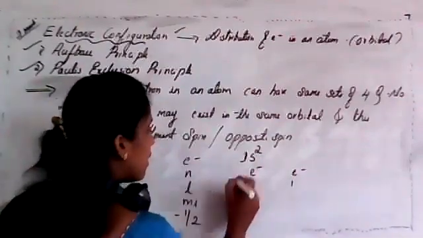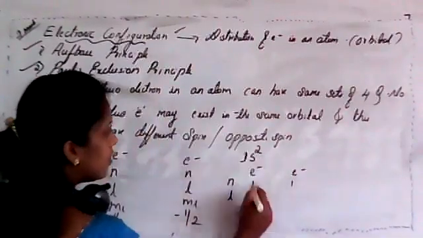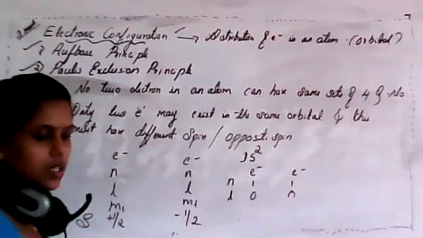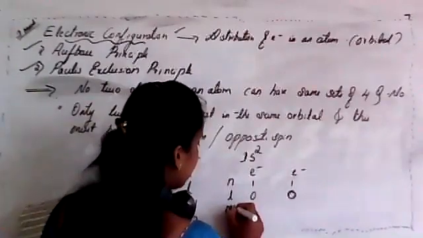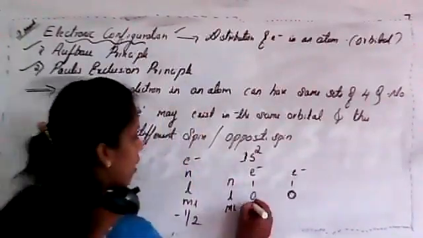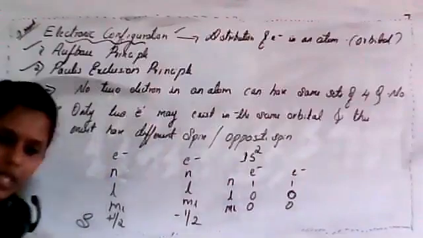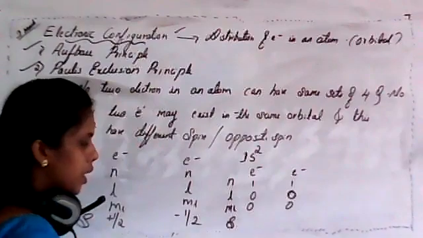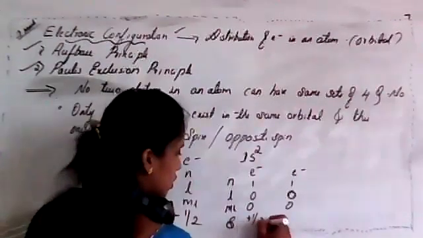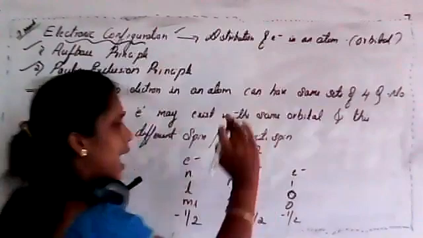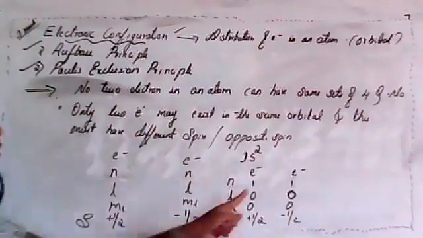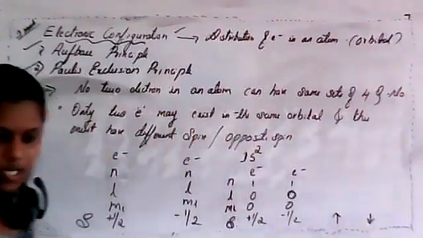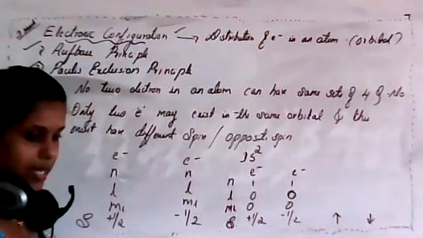For l, it is 0, 0. Both electrons have l value 0, 0. Then ml again is 0, 0. So the fourth and last one is the spin quantum number. One must have clockwise, another must have anti-clockwise. We use this sign also, spin up, spin down. Clear? Plus half and minus half.